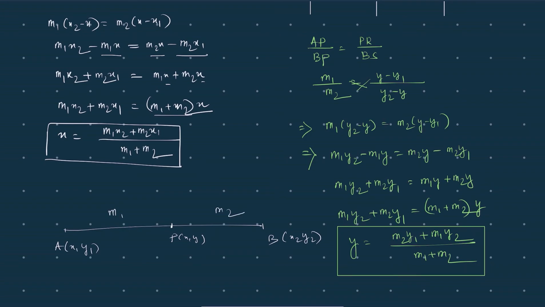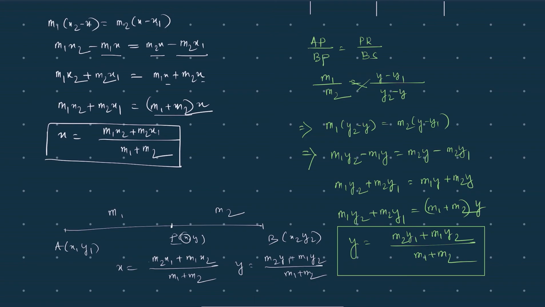Then we can find x is equal to m2 into x1 plus m1 into x2 by m1 plus m2. Similarly, y is equal to m2 y1 plus m1 y2 by m1 plus m2. This is the coordinate of this point P.